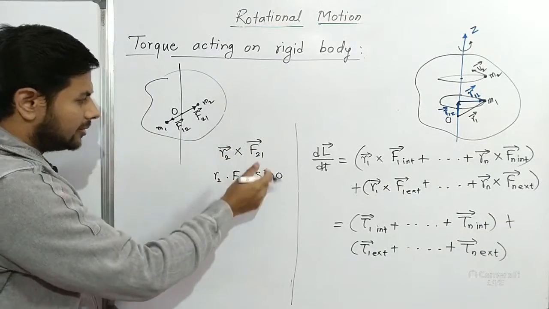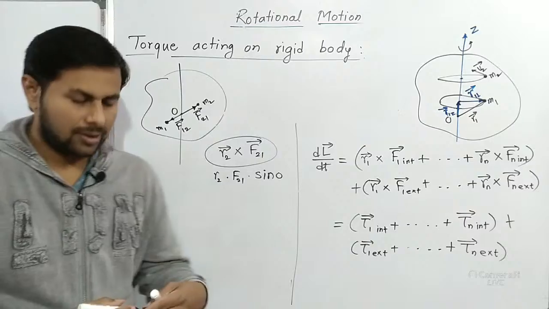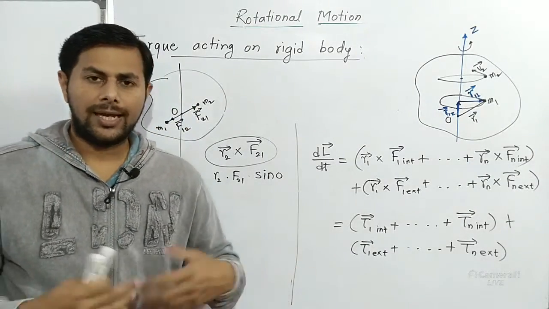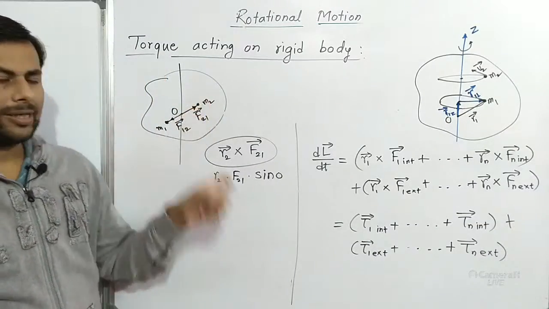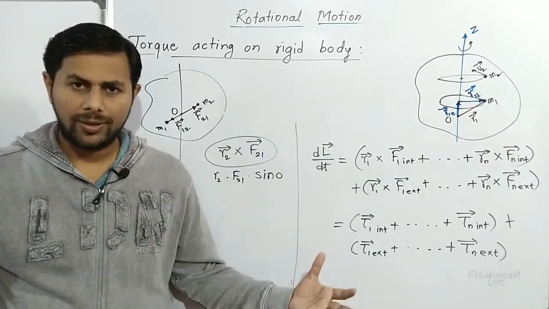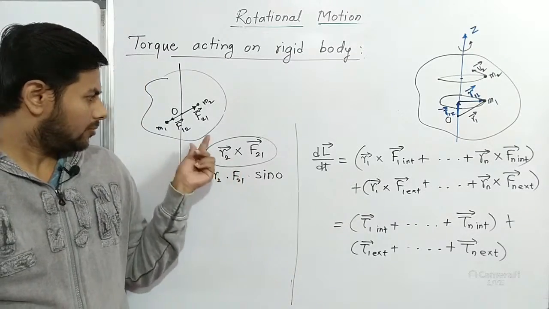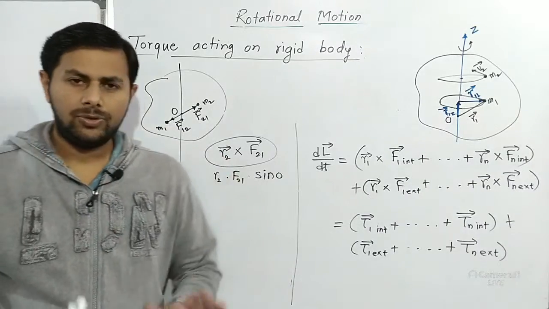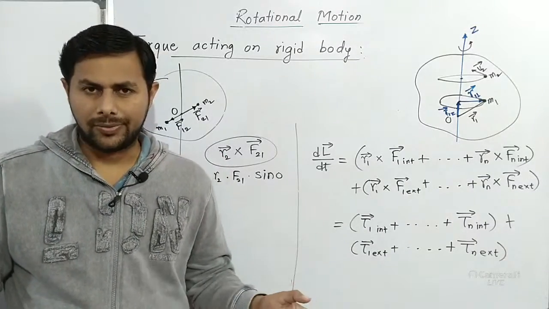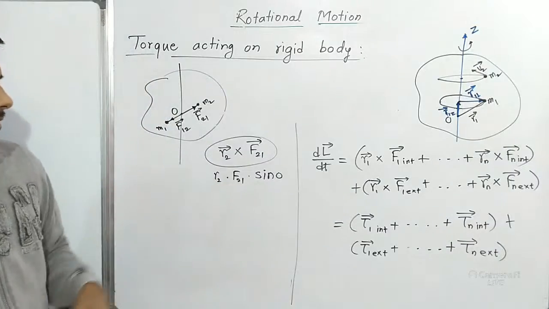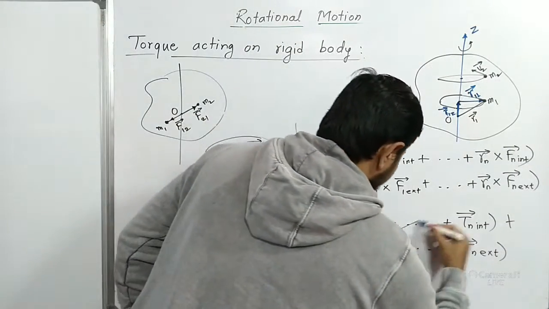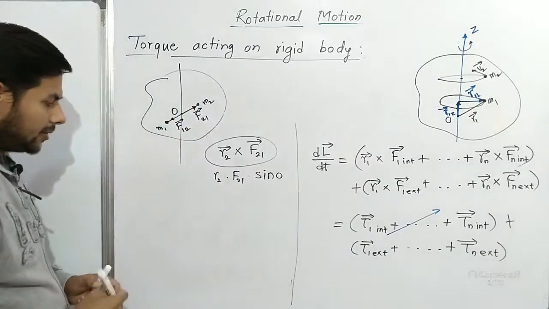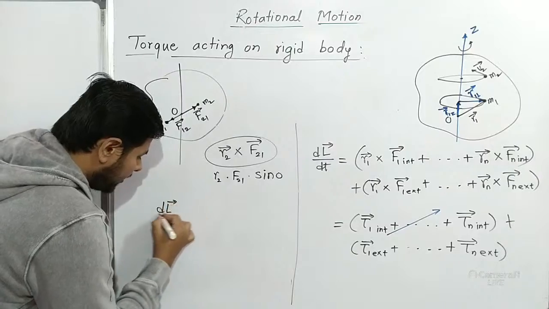That is why this term becomes 0. Here we have considered only two particles, but likewise we can find the force acting on this particle due to all particles within the body, and calculate the torque due to all such internal forces, and this torque will come out to be 0. So this internal torque vanishes, and therefore I can write dL bar by dt.